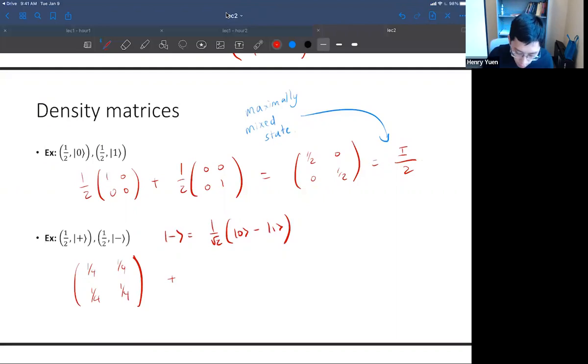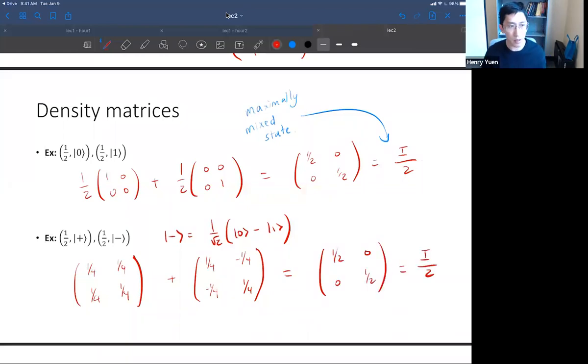So you look at the outer product corresponding to this, and you get the following density matrix. Notice that this density matrix has negative entries. So you sum this up, and lo and behold, you get the same matrix.